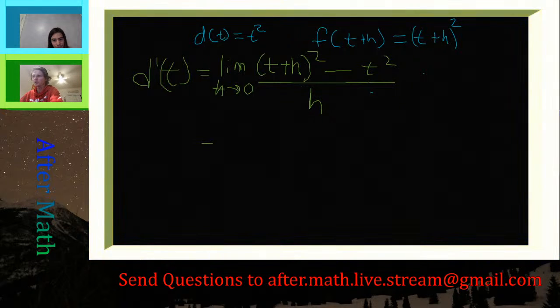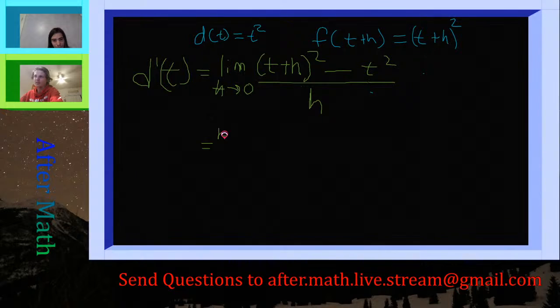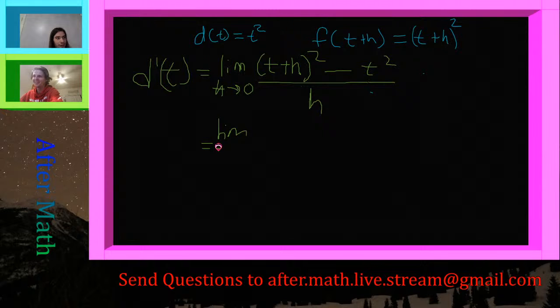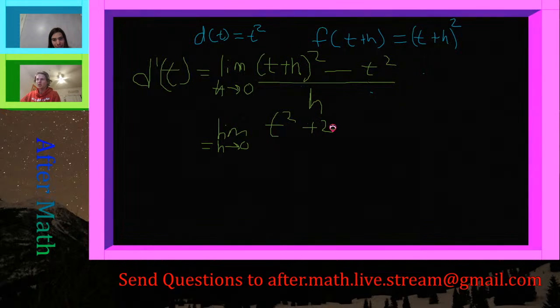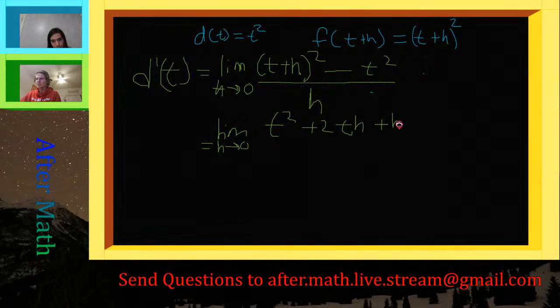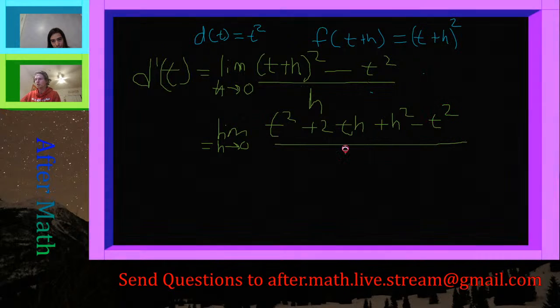So I'll just say this equals, we still have the limit part, L-I-M, as h approaches 0. We'll have t squared plus 2th plus h squared, minus t squared, and this is all going to be over h.